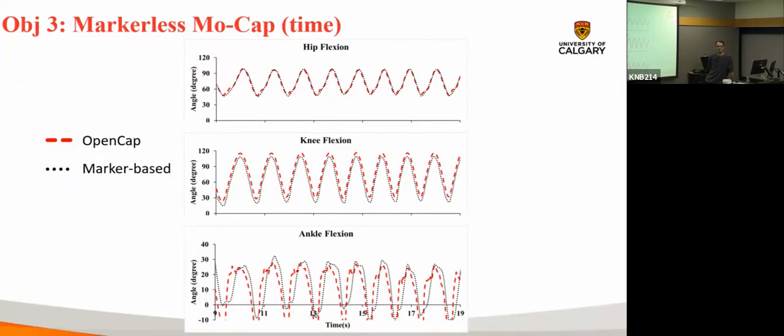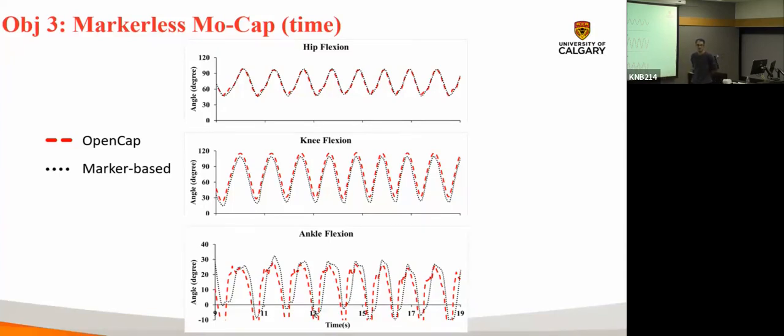We have done some measurements in vivo where we have quantified angles and movement of the lower extremities, marker-based and not marker-based. If you look at the ankle flexion, you have a problem there. The difference here is large.